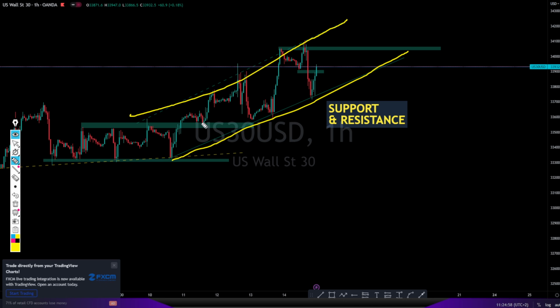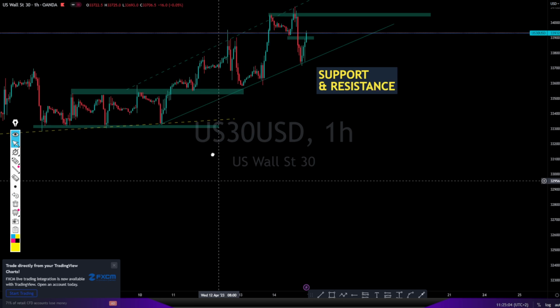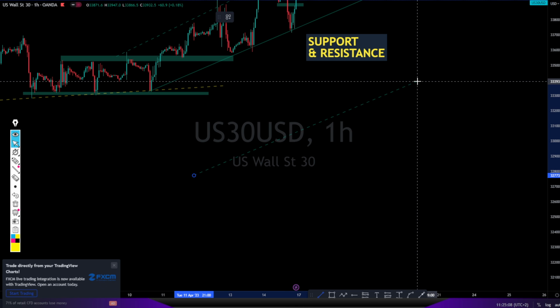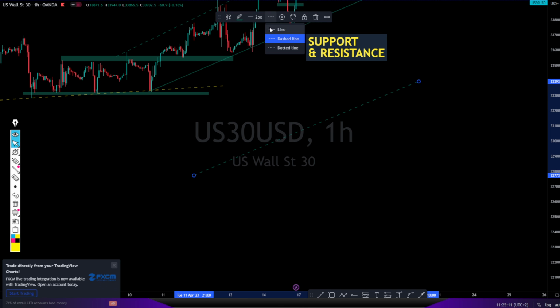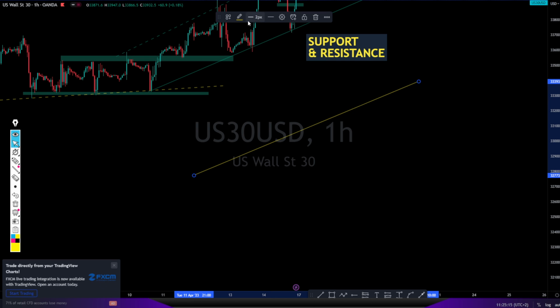When the market starts to trend, you can see that the support and resistance is still there, but in a diagonal form. The market will be creating something like this, or let me make this a yellow line. That will be fine.